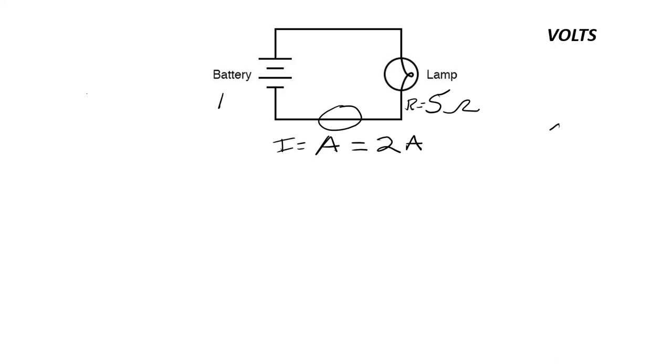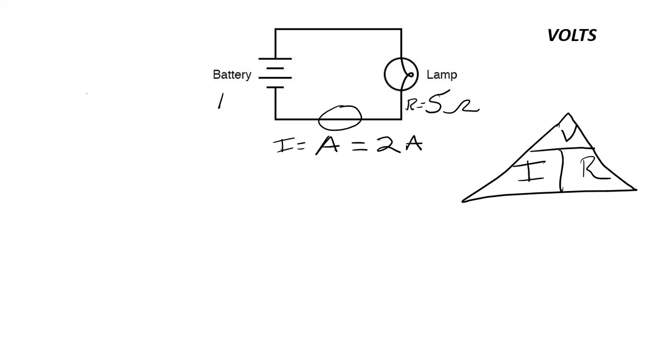So I'm going to draw my triangle right here. I got my volts, my amps, and my resistance. So I'm looking for volts. So I basically want to put my finger over here, and I have I times R. So do I have an I? Yes, I do. My I equals 2.